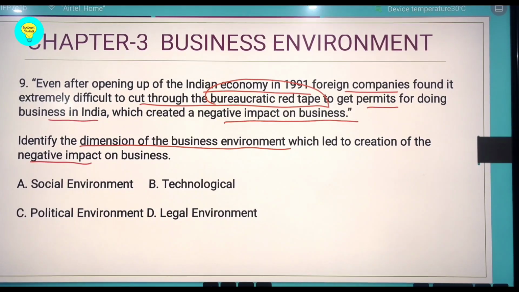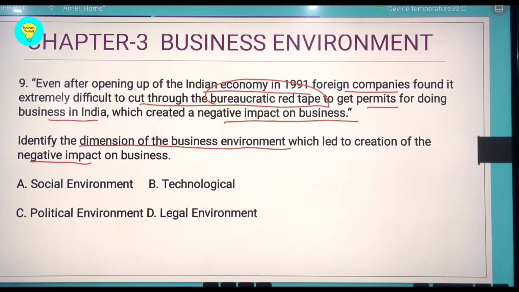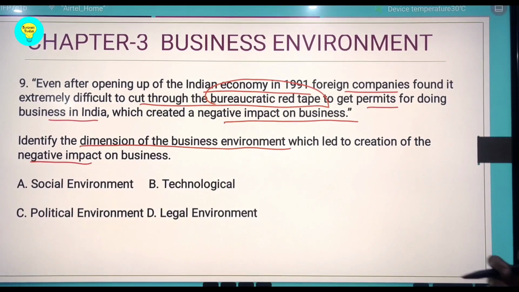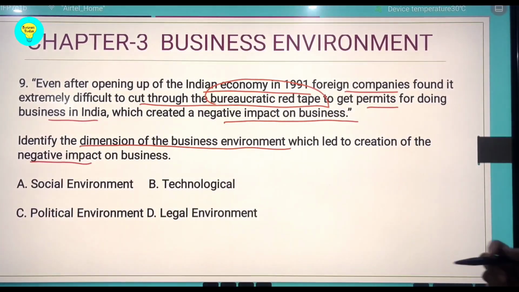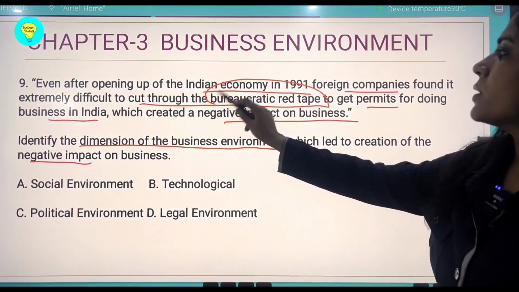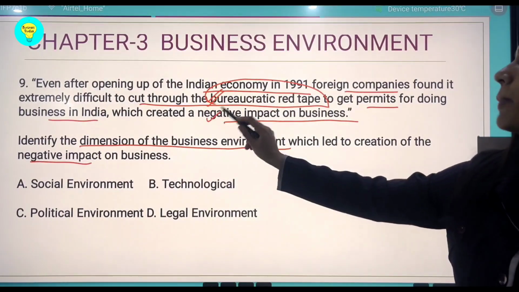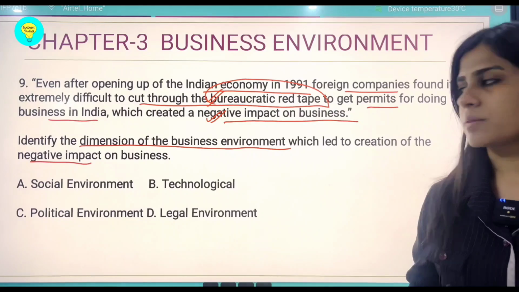So after the economic policy of 1991, the foreign companies were allowed to open to the Indian market through LPG, liberalization, privatization and globalization. But due to bureaucratic red tape, the cause is the red tapeism by bureaucrats, which discouraged the business outside India and led to a negative impact on the business by investments from the foreign investors.